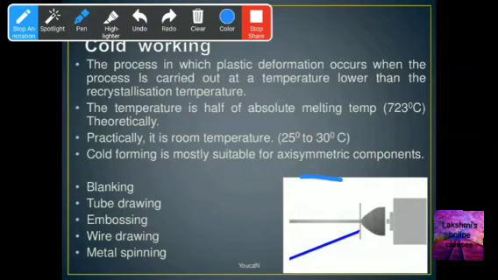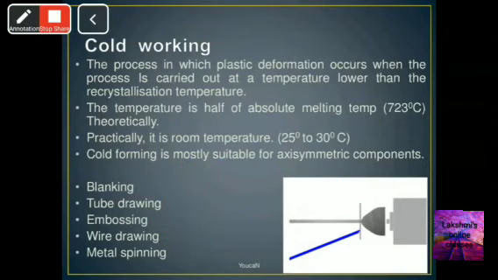So cold forming is mostly suitable for axisymmetric components. One is blanking, the second is tube drawing, the third is embossing, the fourth is wire drawing, and the sixth is metal spinning. So these are the commonly used cold working processes.